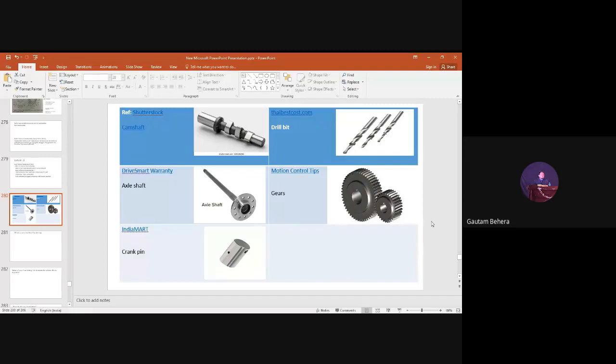So here, the common thing is what you can understand. All these things rotate during their operation, and due to these rotations, they lead to the wear of the components. Wear means the material will get removed from the surface slowly due to the relative motion. Since these components rotate, wear will happen.